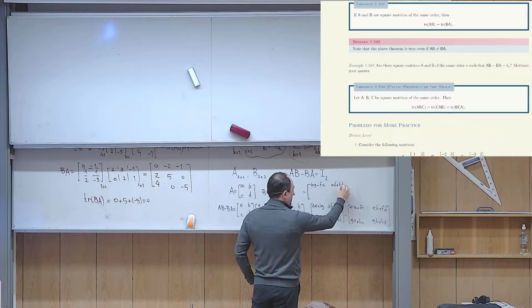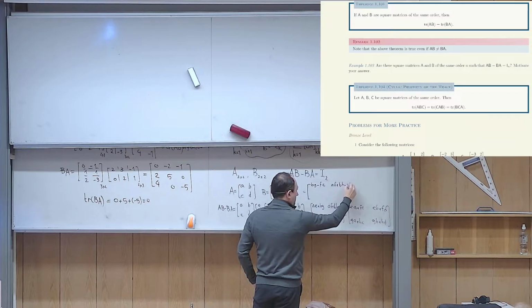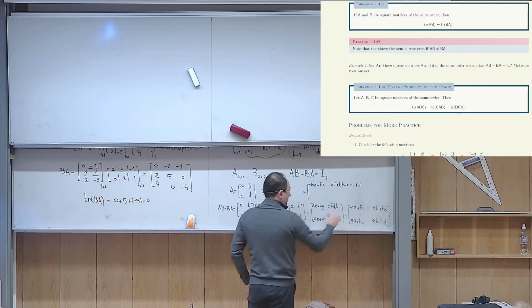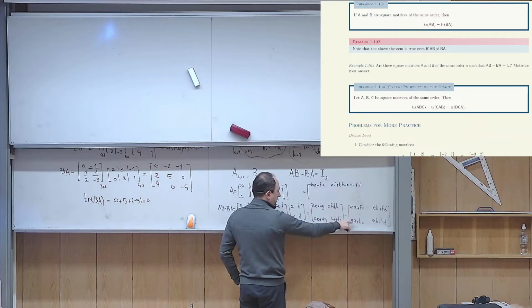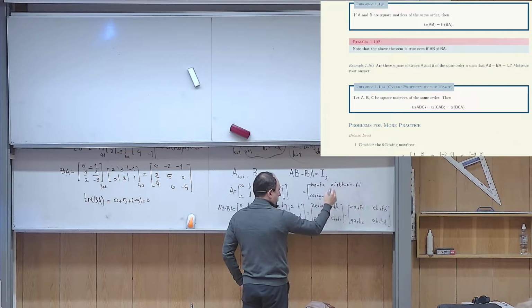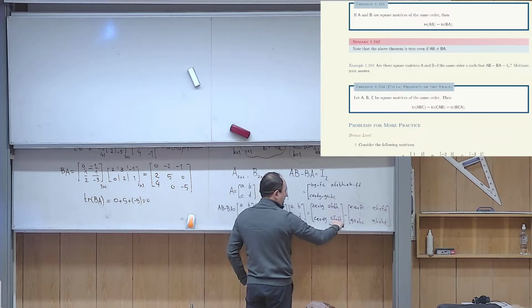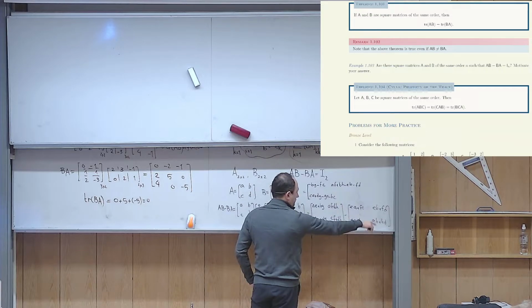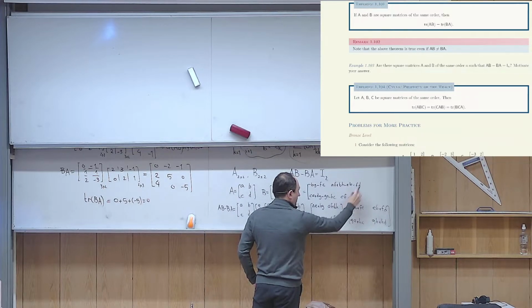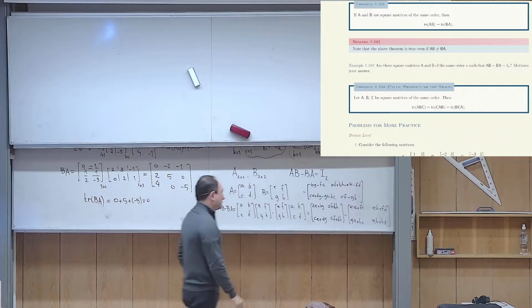AF plus BH minus EB minus FD, and then I will subtract these two, so it becomes CE plus DG, nothing is simplified, minus GA minus HC. And then when I subtract these two, one of them of course is cancelled, but then I will have CF minus DH. So this is cancelled, minus GB. That is what I get.